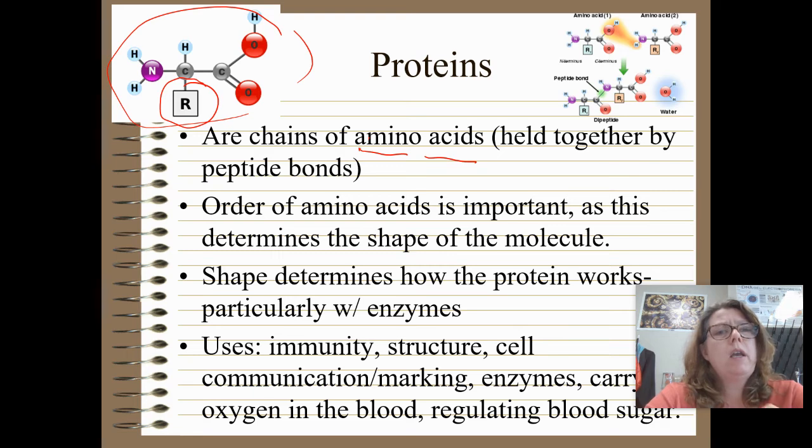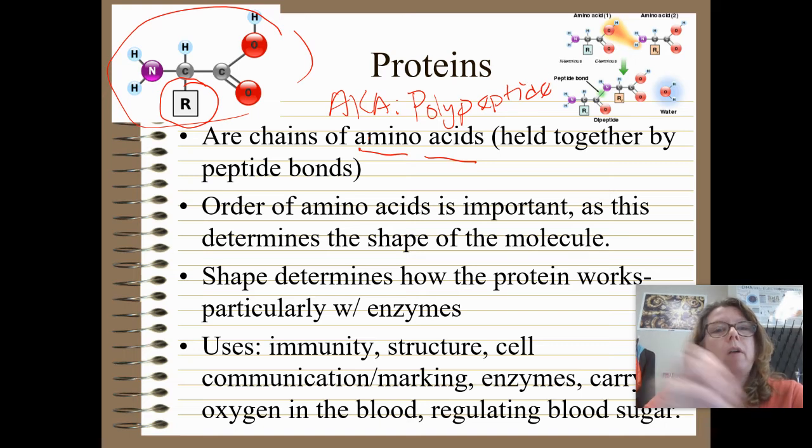The bond here that holds these together is called a peptide bond. And the reason why that's relevant is another name for protein is polypeptide. Okay, so polypeptide is another name for protein because it's a chain of amino acids held together by peptide bonds.